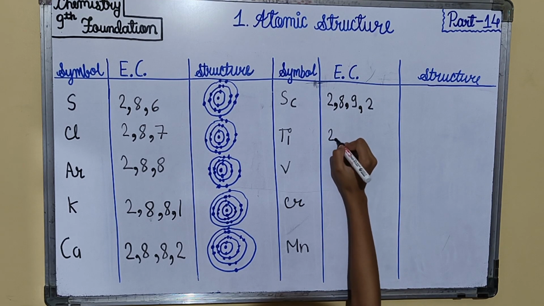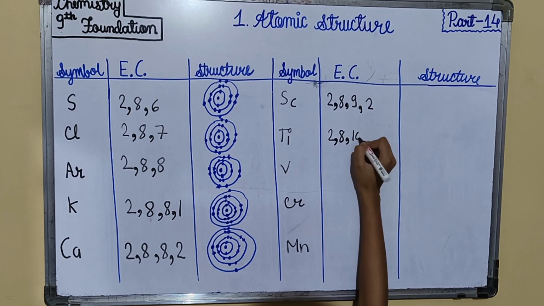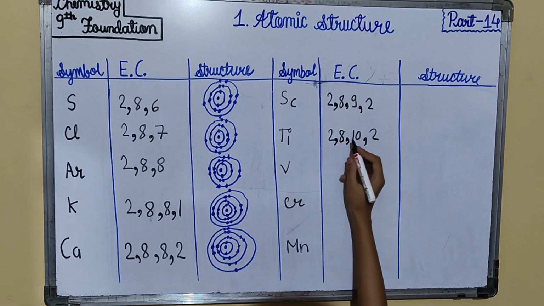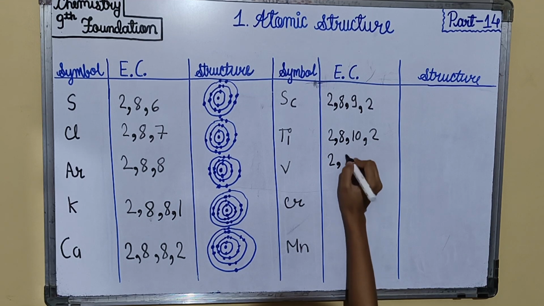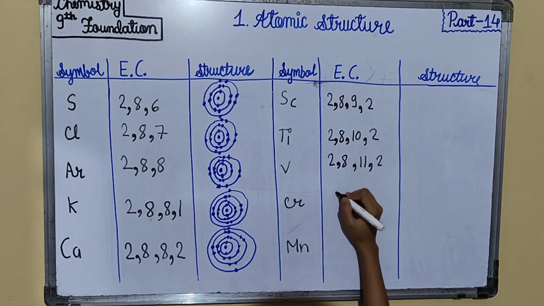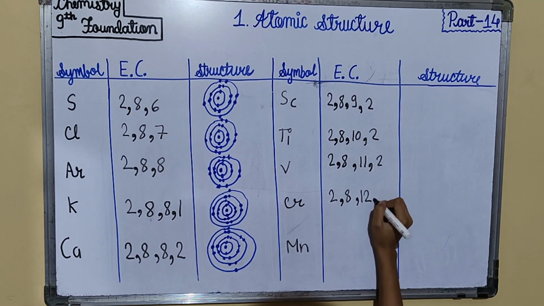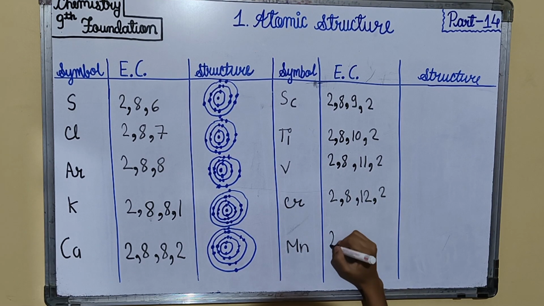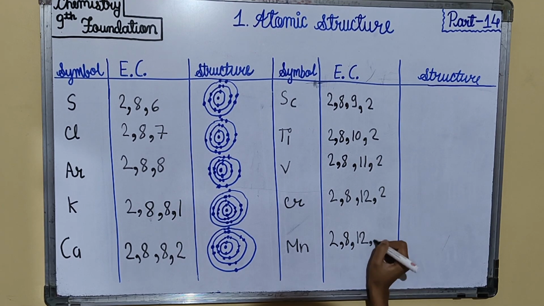Then we'll continue in fourth shell. Titanium would be 2, 8, 10, 2. Vanadium would be 2, 8, 11, 2. Chromium would be 2, 8, 12, 2. Manganese would be 2, 8, 13, 2. Sorry, this is 13.